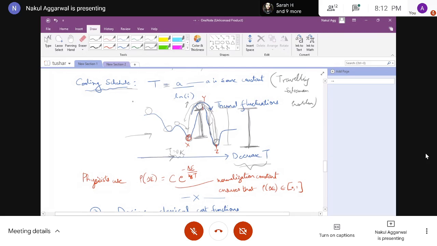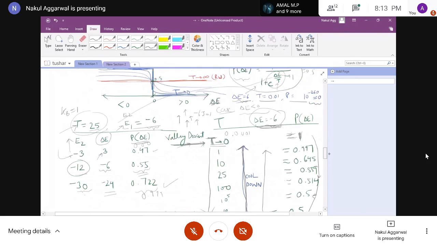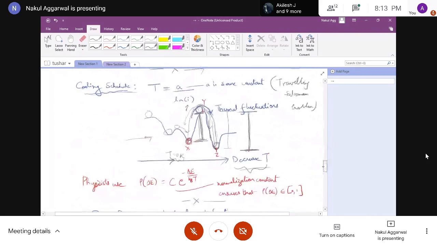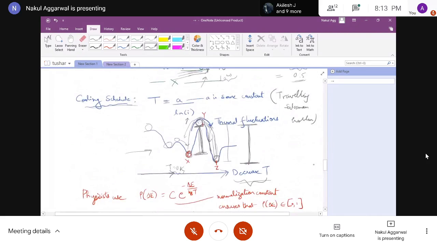And this is one of the major drawbacks of simulated annealing, because if we knew the energy landscape, I could give my cooling schedule accordingly, and that would effectively help me reach the global minima. But that is not always the case. So this is the major drawback, and this sets the motivation to discuss quantum annealing.